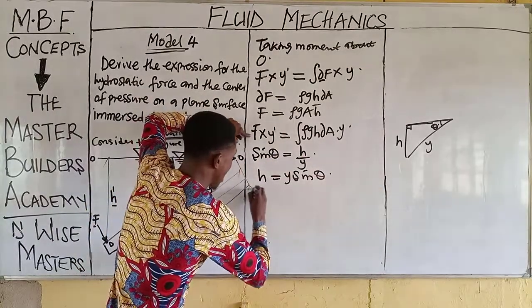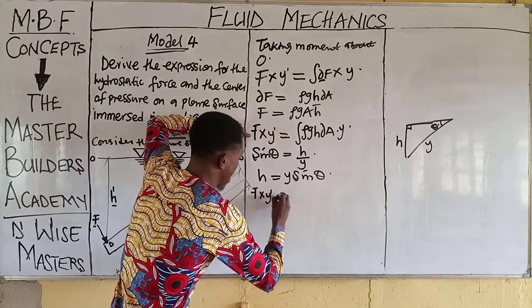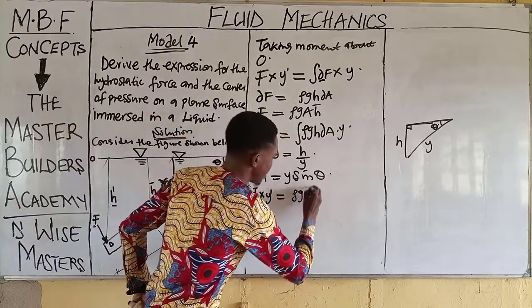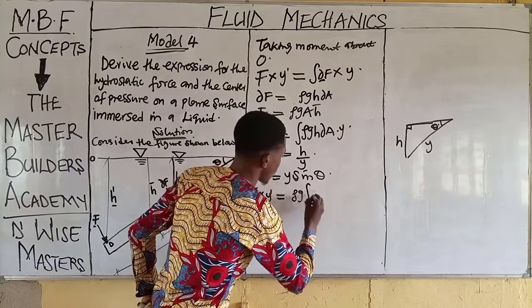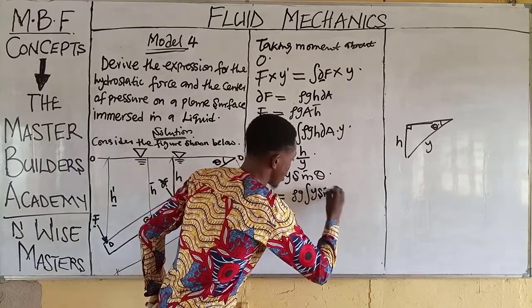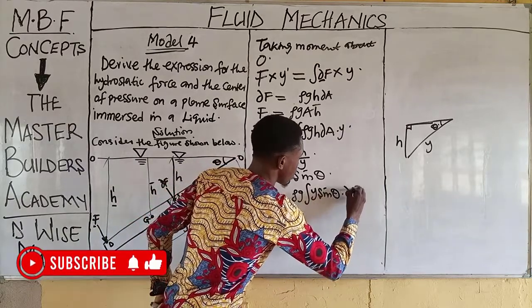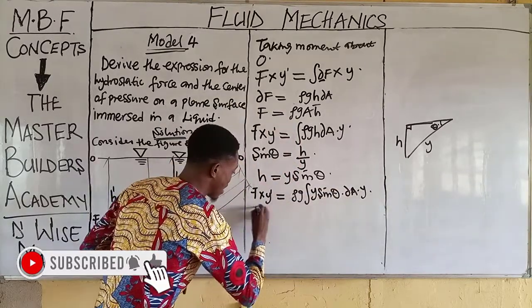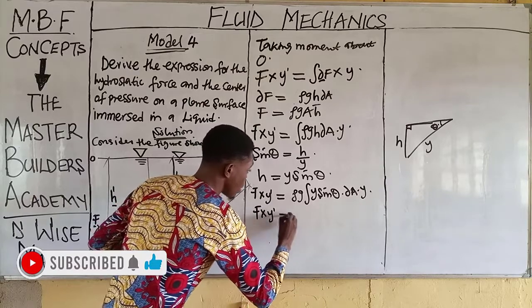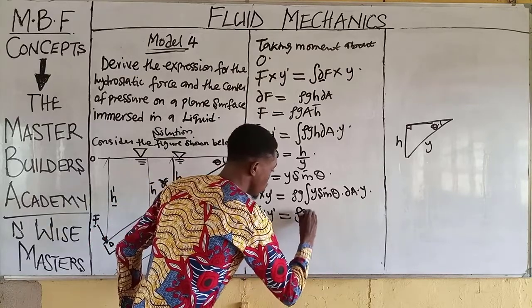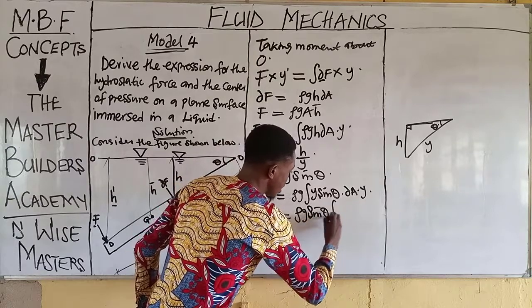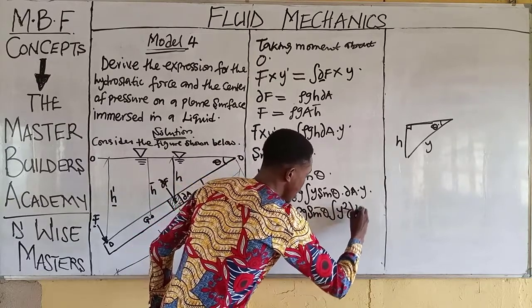Therefore, we have F multiplied by Y prime is equal to rho G integral of Y sine theta dA Y. Now, when we simplify this further, we have that F multiplied by Y prime is equal to rho G sine theta integral of Y squared dA.